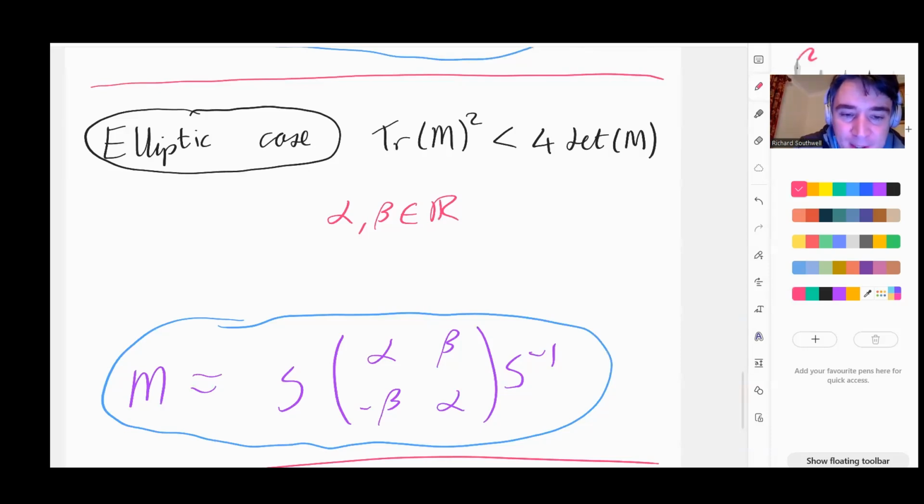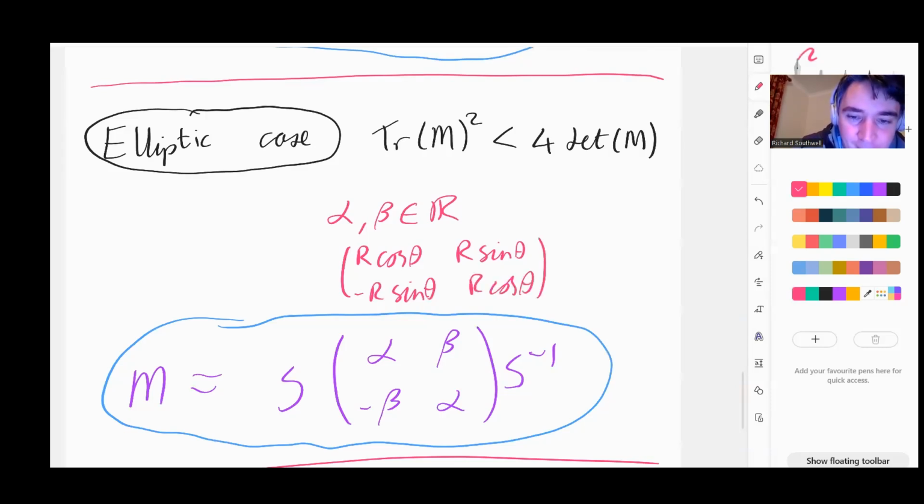And so this matrix here, we could write it a different way. So we could write it like this: r cosine theta, r sine theta, minus r sine theta, r cosine theta. So that's going to be what this special matrix looks like.